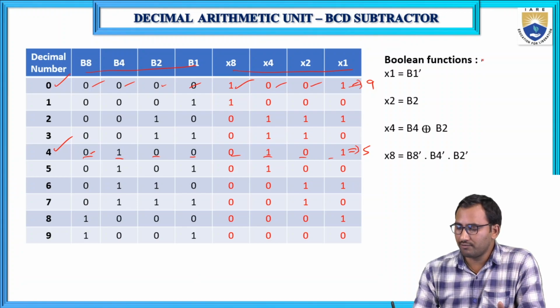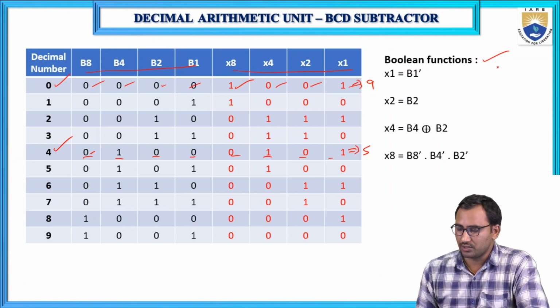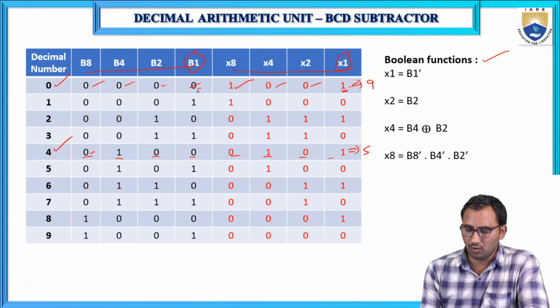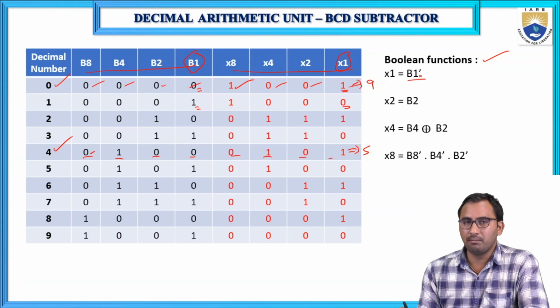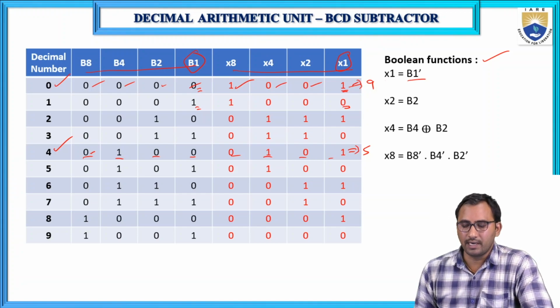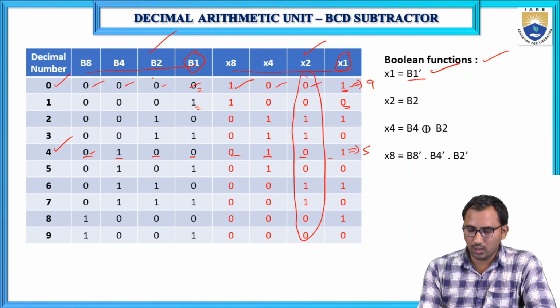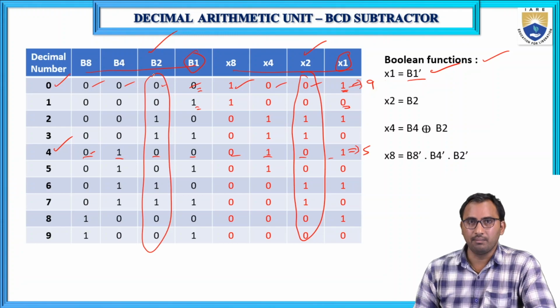And you can get the Boolean functions. Suppose you compare x1 and b1, how can we relate them? The first bit of x1 is 1 where b1 is 0, and 0 where b1 is 1. That means x1 is equal to b1 bar, the complement of b1. Next, if you compare x2 and b2, both are the same, so x2 is equal to b2.